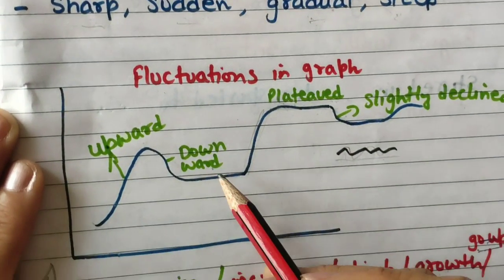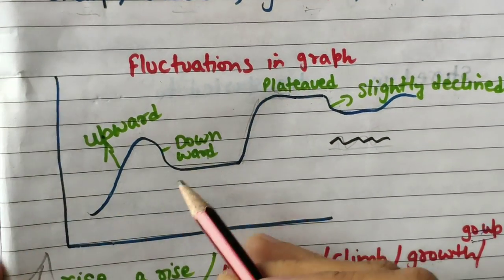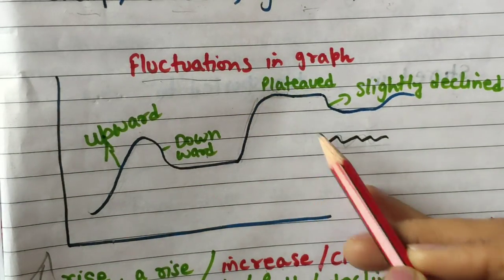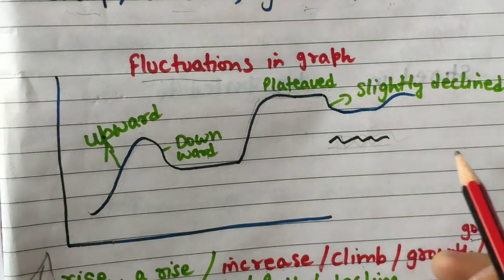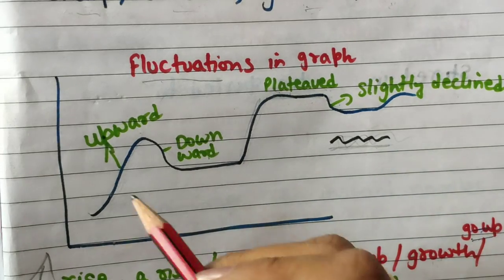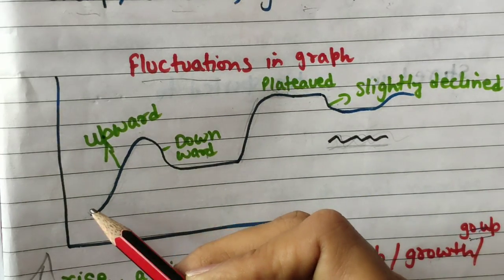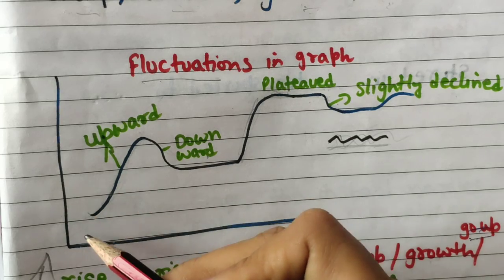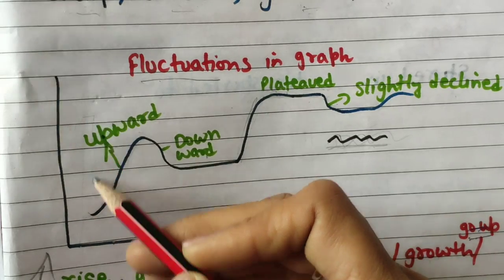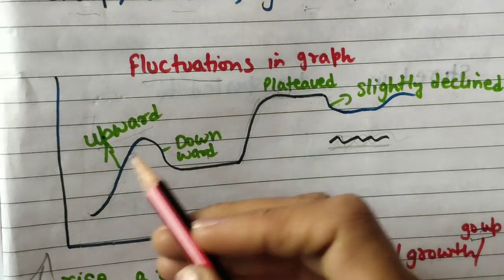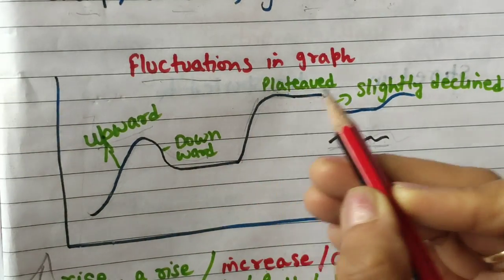So let's look at the line graph. Fluctuation means when data is going up and down like that. So this is known as fluctuations. When the line graph is going up, or suppose the bar graph is there and its data is going up and up, then you can use upward trend. And if it is going down, downward trend.